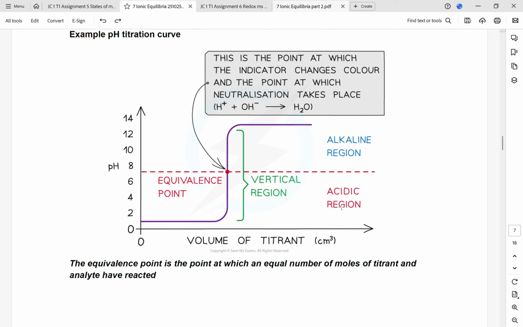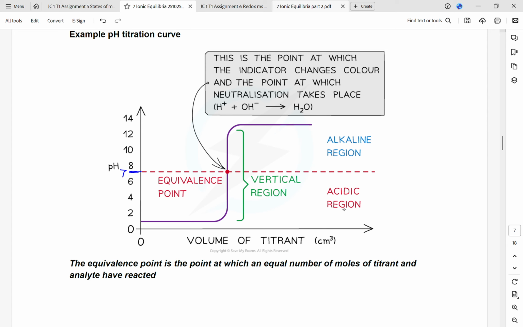If you have strong acid and strong base titration, the strength of the acid and base will cancel each other. So if the strength of acid and base cancel each other, pH must be 7 when they neutralize each other. This neutralization is called the equivalence point.